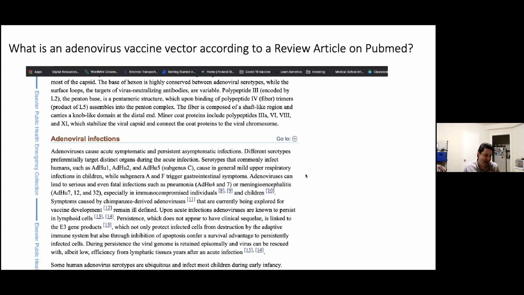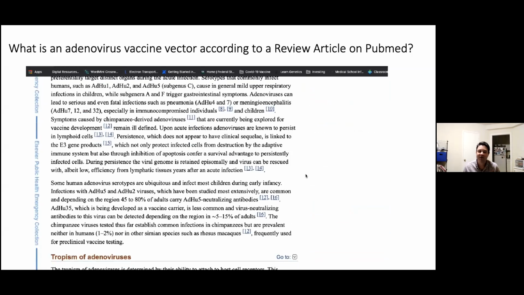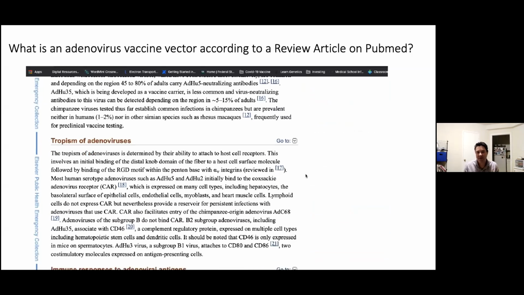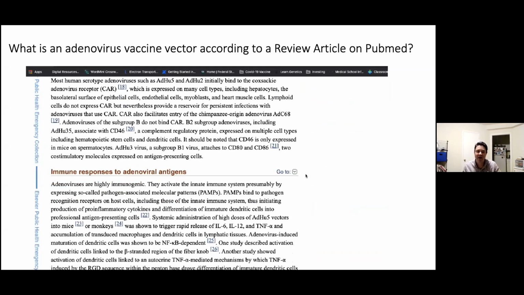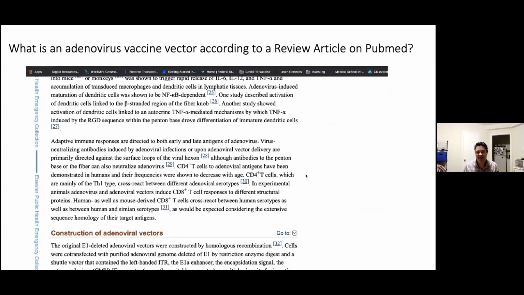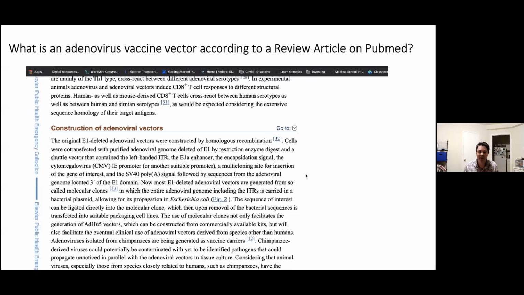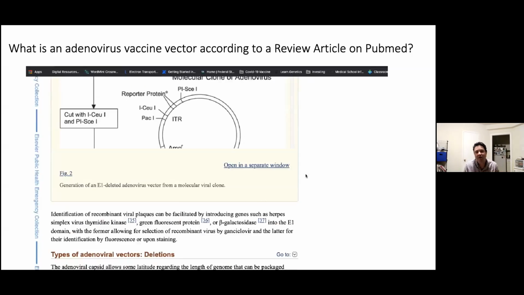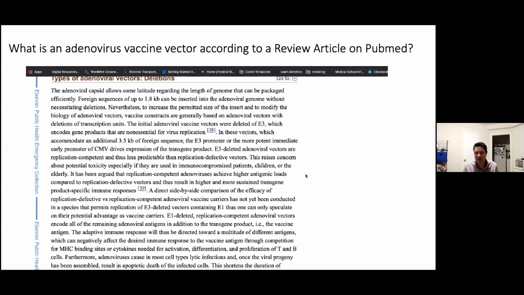You'll learn about adenoviral infections, different types of tropisms, meaning what cells they infect. You'll learn about immune responses against adenoviruses and how to construct them and actually make a vaccine vector, and a lot of other important information.